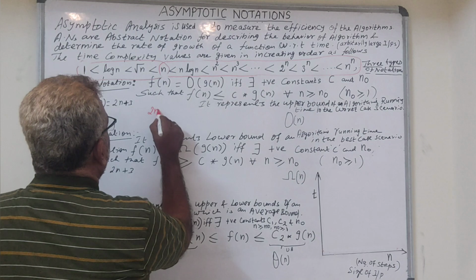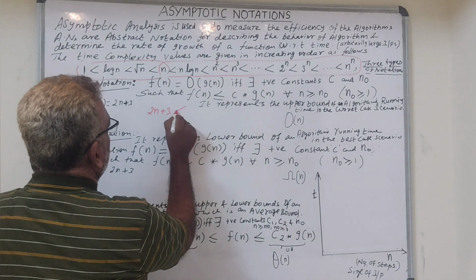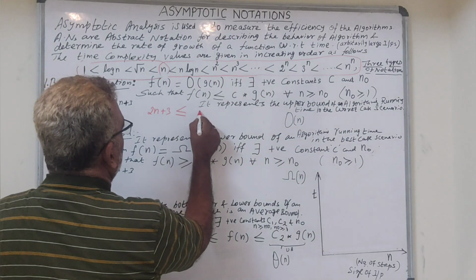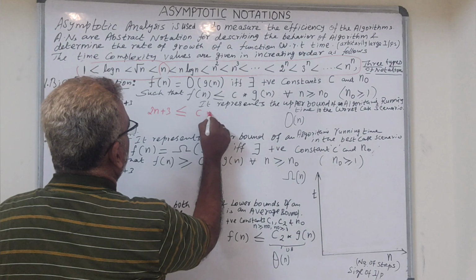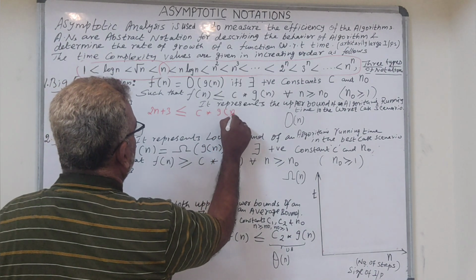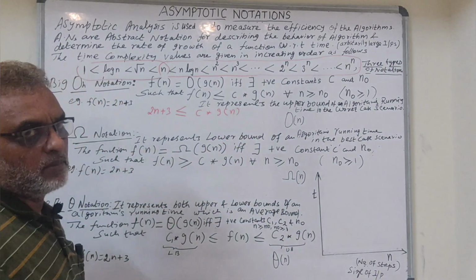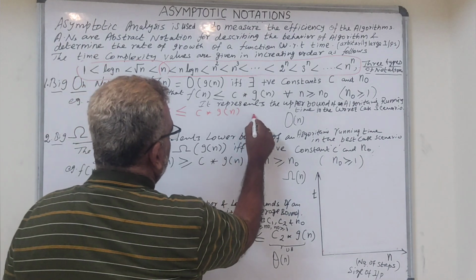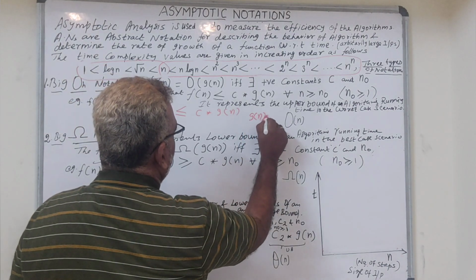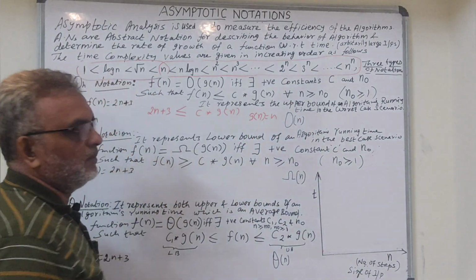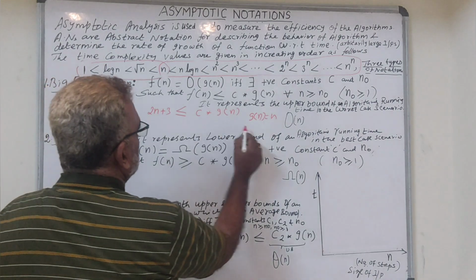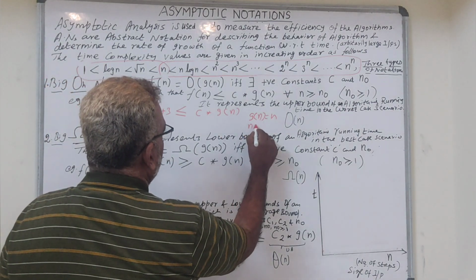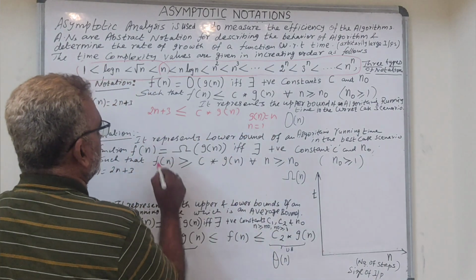So it is 2n plus 3 less than or equal to c into g of n. Okay, so this g of n, assume it is n, right? Let us consider if n is equal to 1, so what will happen?